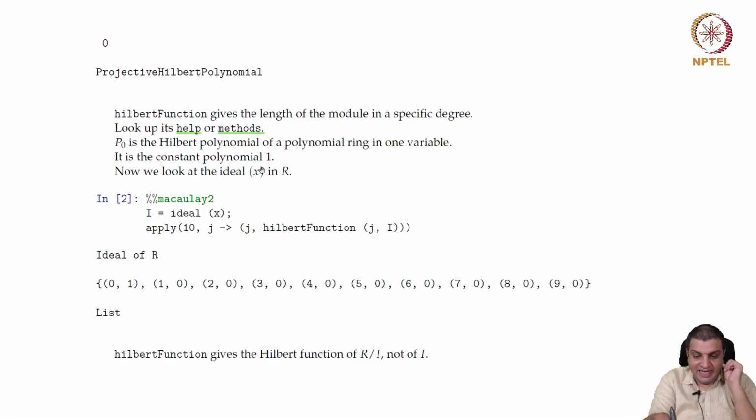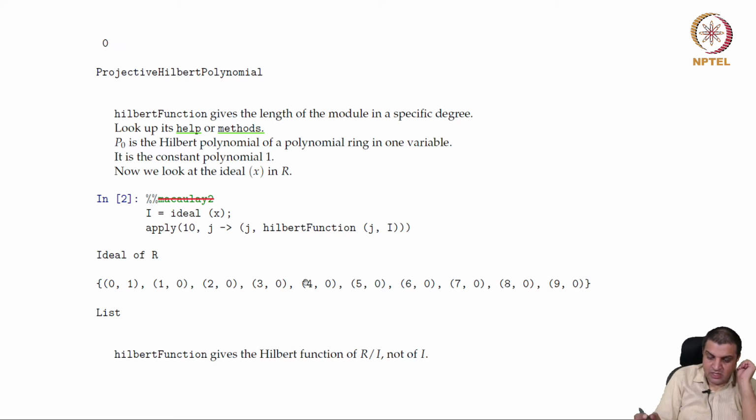Let's look at the ideal x in R. We ask I is ideal x, and then ask the same question: apply I, j goes to j, comma Hilbert function j, comma I. Notice that for every j greater than or equal to 1, it is printing zeros. In any ordered pair, the first is just j itself and the second is the value of the Hilbert function.